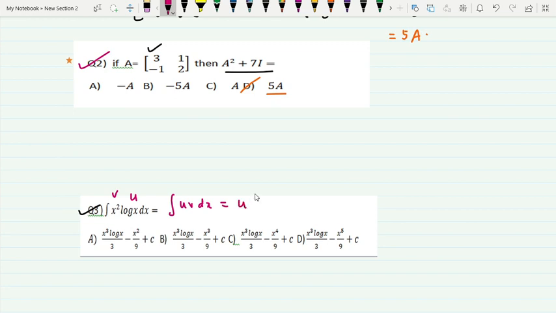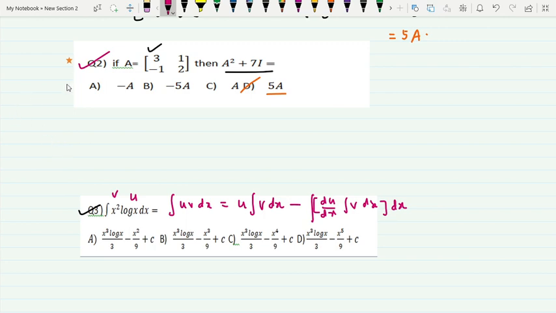u times the integration of v, minus the integral of du by dx times the integration of v dx. Here we are using this formula, taking log of x as u and x square as v.